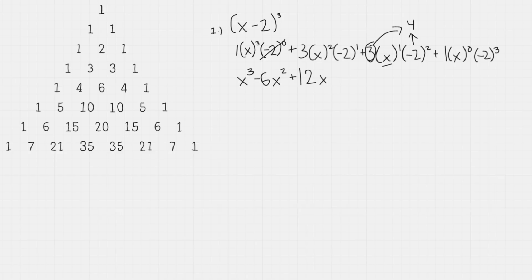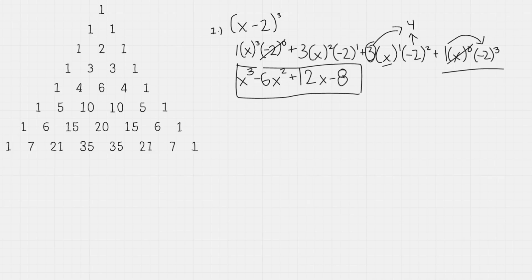Now, for the last term, we have x raised to 0, so we cancel that. We're left with 1 times negative 2 raised to 3. Negative 2 times negative 2 gives us positive 4, times negative 2 will give us negative 8. So this is the answer for our first problem.